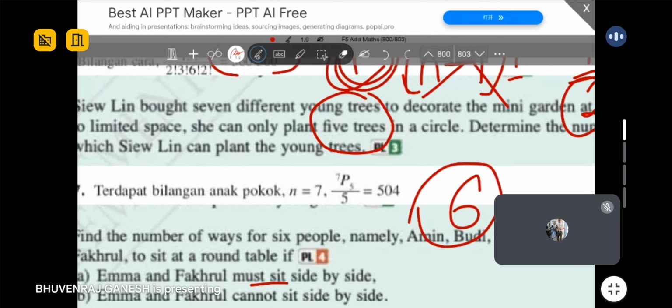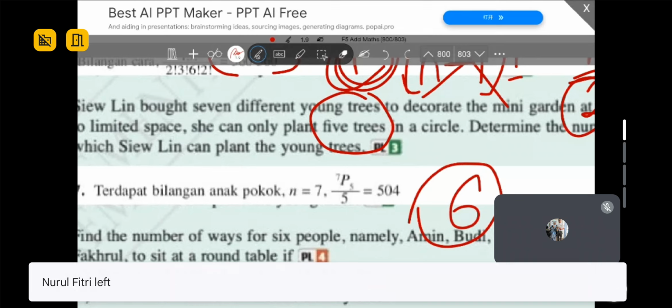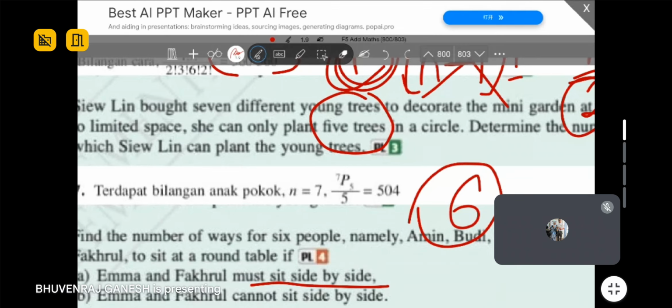So how am I going to do this? Kena duduk bersebelahan. Any suggestion? Cuba fikir. Try to think of the answer before I tell you. So anyone?